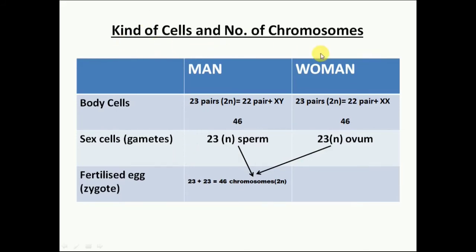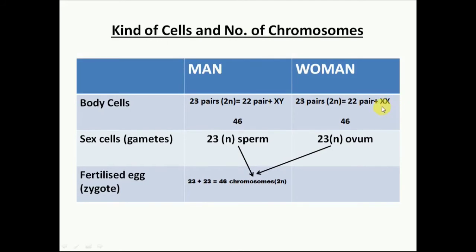Now, kinds of cells and number of chromosomes. So how many chromosomes are present in each cell of our body? First, body cells, which are generally present in our body. Each cell of our body consists of 23 pairs of chromosomes in both man and woman, out of which 22 pairs are autosomes, and the other one pair is X and Y in case of man and X and X in case of woman.